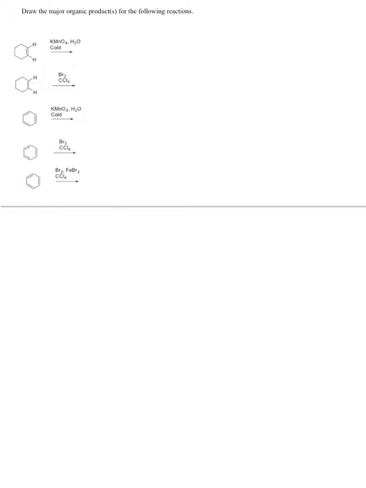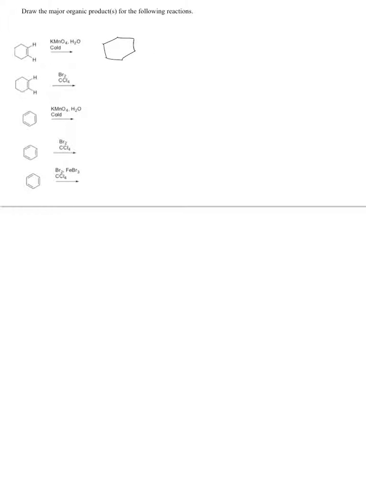Okay, so the first thing we're going to do here is look at the difference in the reactivity of benzene under these conditions compared to an alkene. Here you have a regular alkene with potassium permanganate and water, and it's cold. So this is mild oxidation.